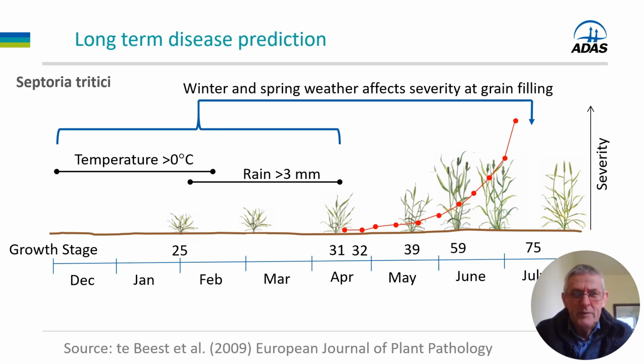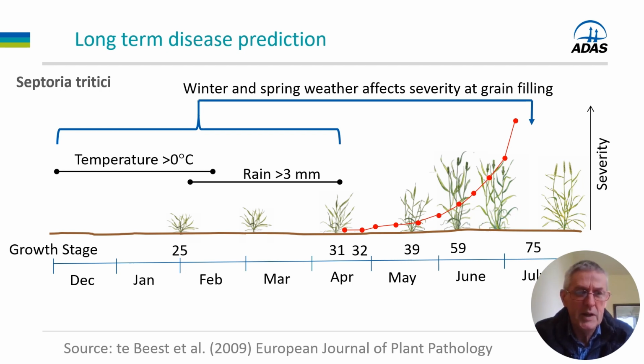In the background to that, we can also take into account what's led up to that point. And surprisingly, there is also a relationship between the weather that occurs during the winter and through into the spring, leading up to the start of stem extension at growth stage 31, and the amount and severity of disease that occurs during grain filling.